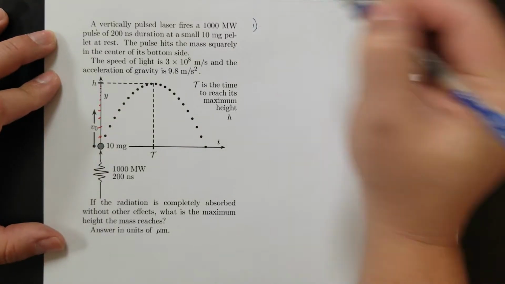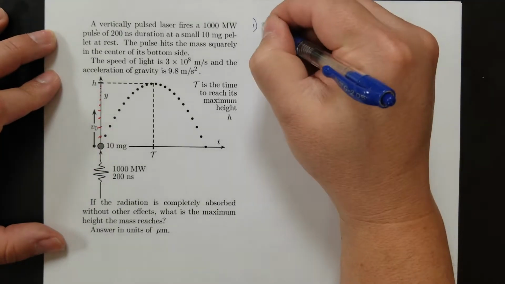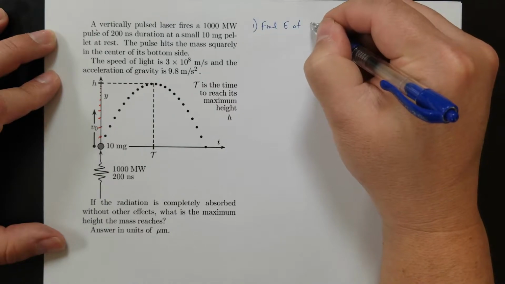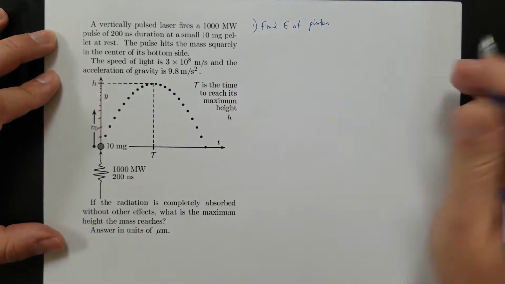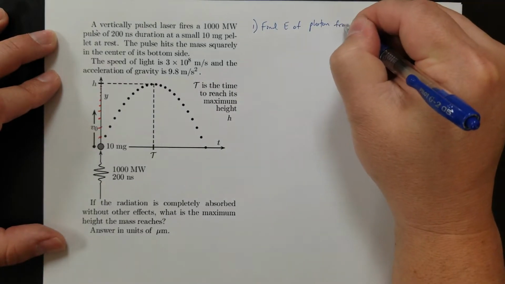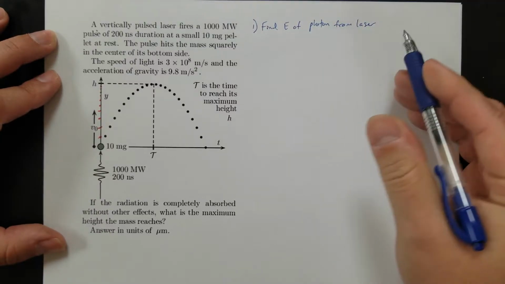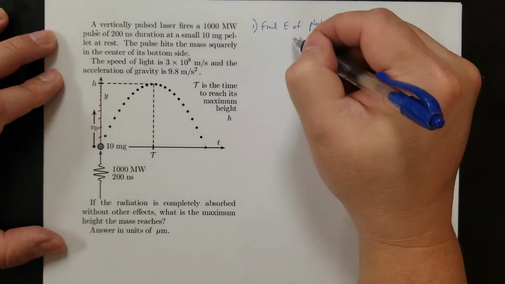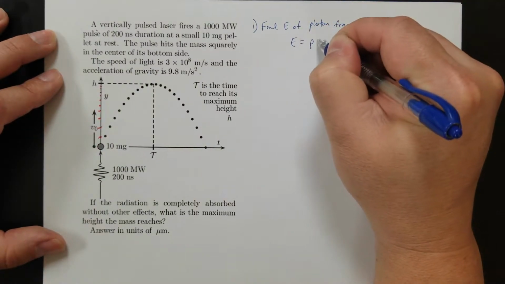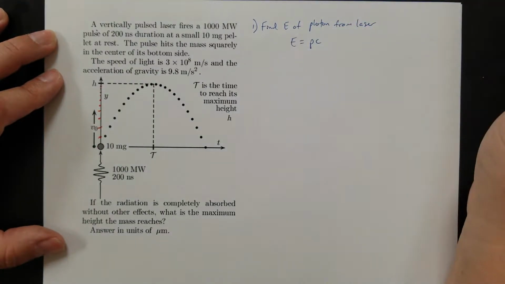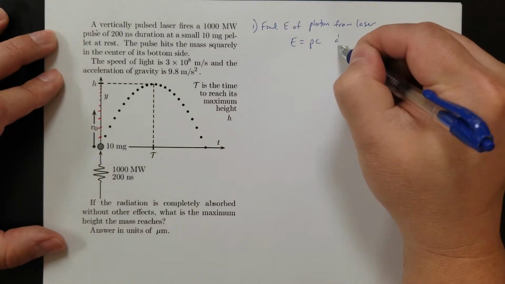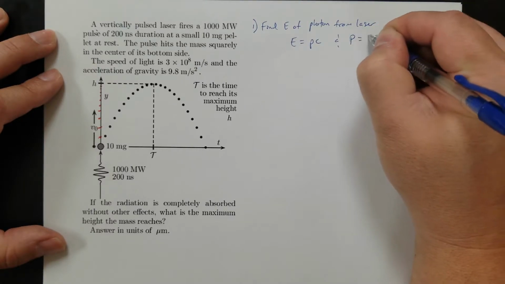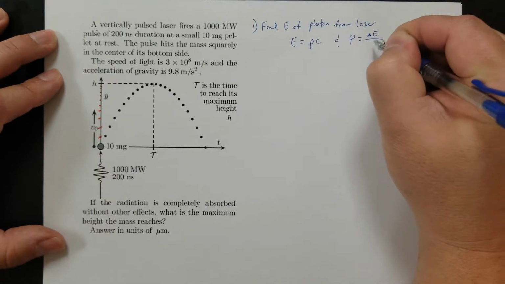So the first thing we got to do before we can do anything, we need to find the energy of the photon, right? From the laser. And to get the photon energy, I can just say energy equals momentum times speed of light, right? And I also know that power is the rate of energy over time, right?